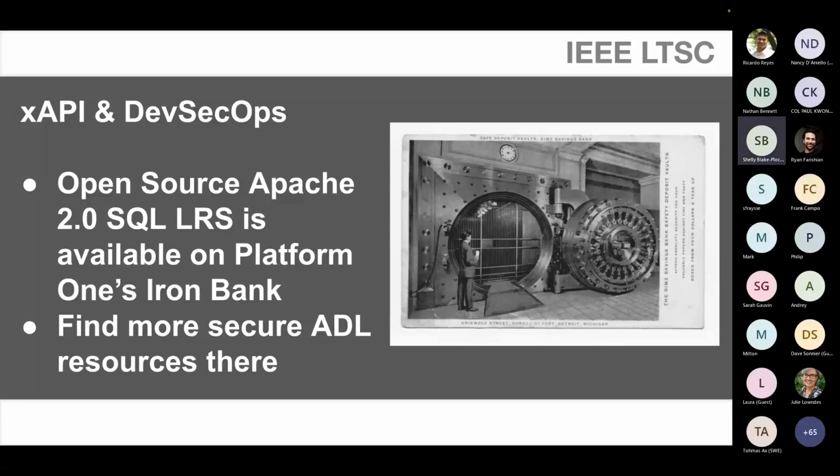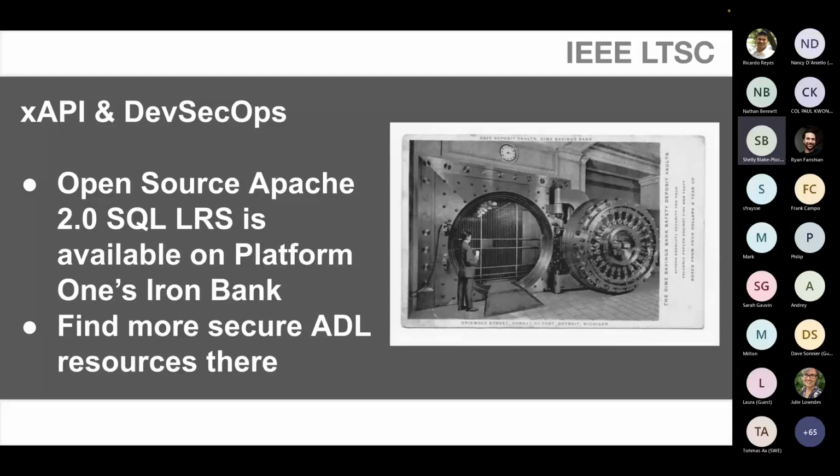That is available in Repo 1's Iron Bank. There are other LRSs that are available, but I put it here as an example of an LRS that has gone through the DevSecOps process within DoD systems. And there are many more secure ADL resources available in Iron Bank and through Repo 1 and Platform 1 related to the entire TLA.